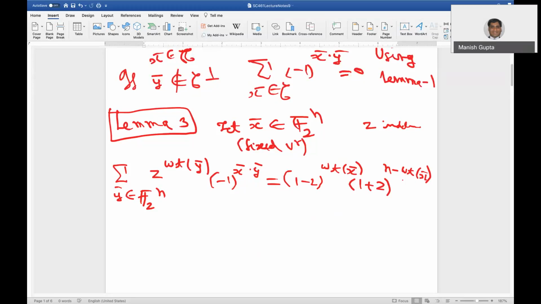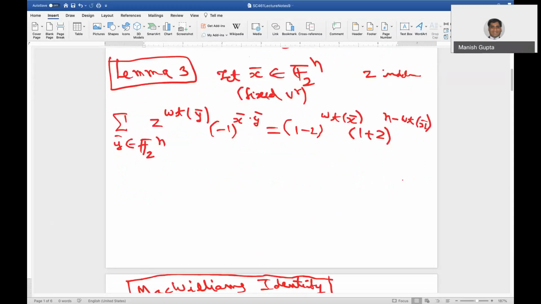Okay, we are going to prove it now. And the proof involves actually calculating the sum in two ways. Okay, so first we look at the left hand side. Left hand side can be written as, what I am going to do here, I am going to split this summation over each variable.